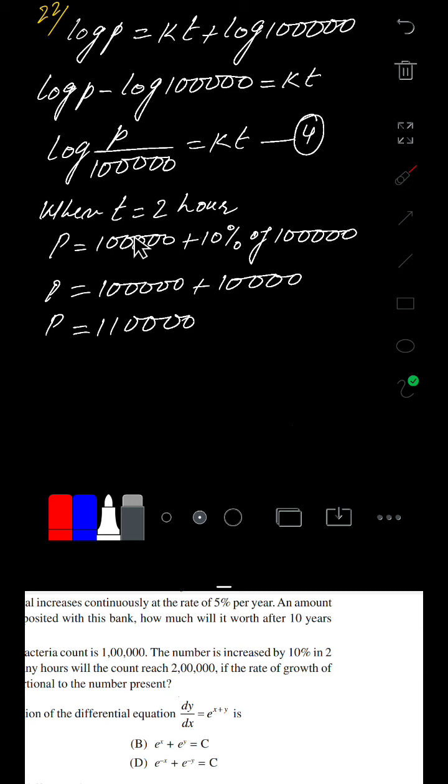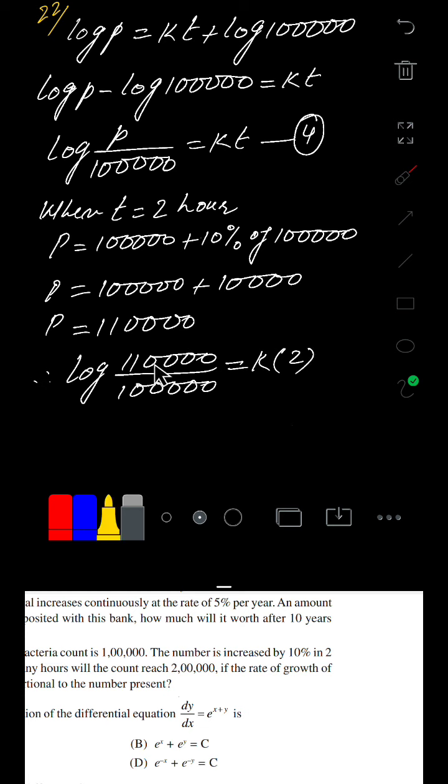So putting t is equal to 2 and P is equal to 1 lakh 10,000 in equation number 4, we get log 1 lakh 10,000 upon 1 lakh is equal to k into 2. 4 zeros are cancelled by 4 zeros.